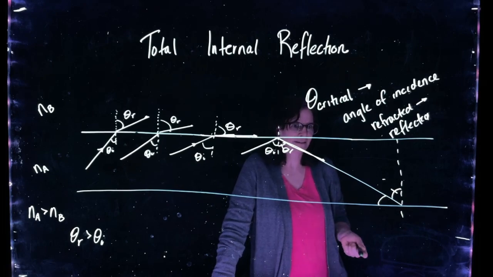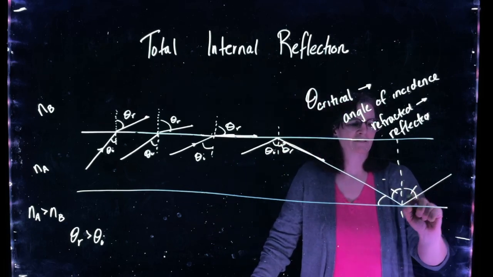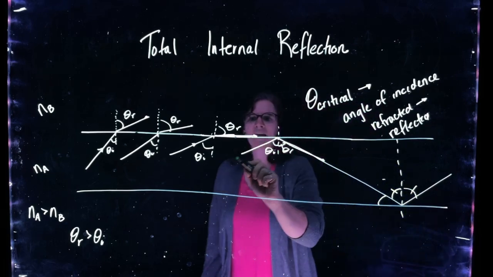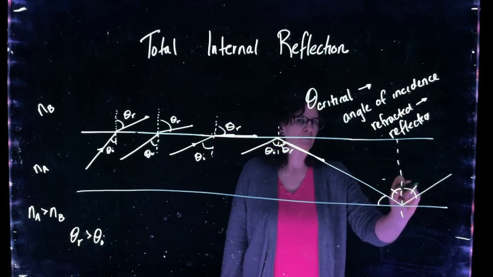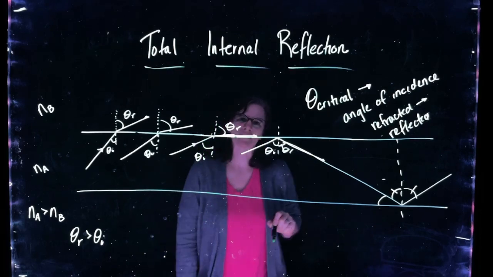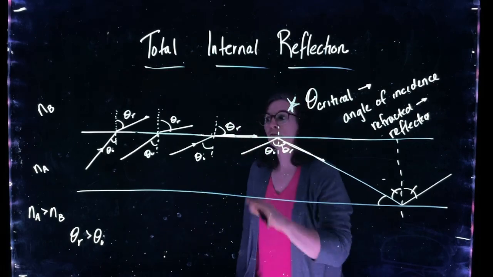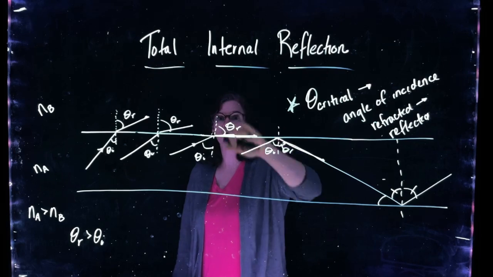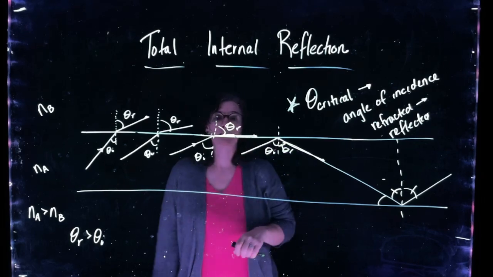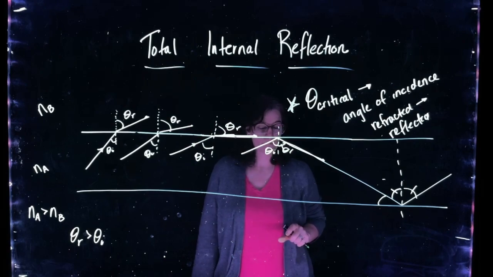I'm at the critical angle, and I don't refract, but I reflect again. And this bouncing reflection is what we call total internal reflection. It happens at that critical angle for a given substance boundary difference. Remember, it's the difference in those mediums that's going to play a role.